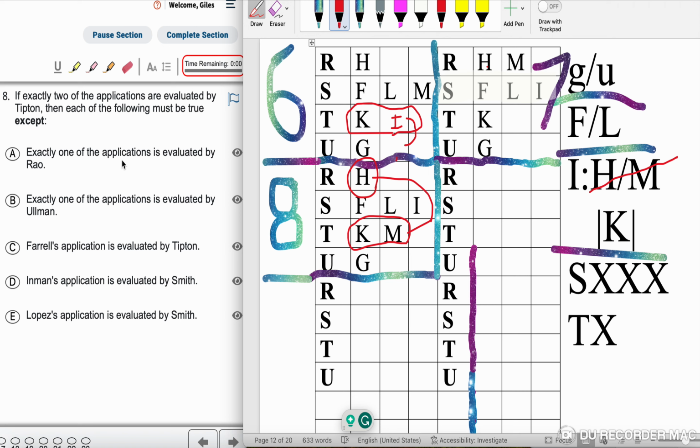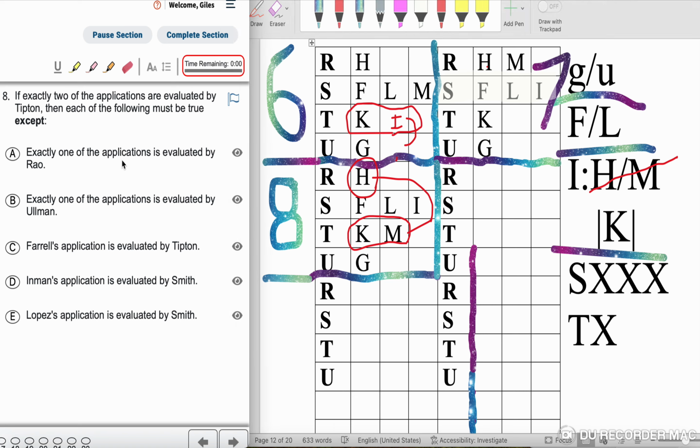Okay, so exactly one of the applications is evaluated by R. That is true. Exactly one of the applications is evaluated by U. That is true. F application evaluated by T. I don't see that in either one.